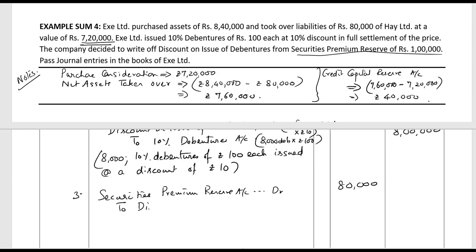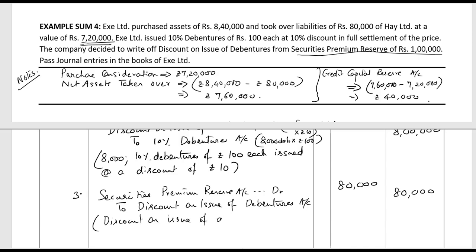To discount on issue of debentures account, 80,000 rupees. Narration: for discount on issue of debentures written off.